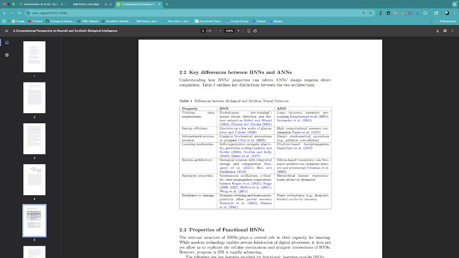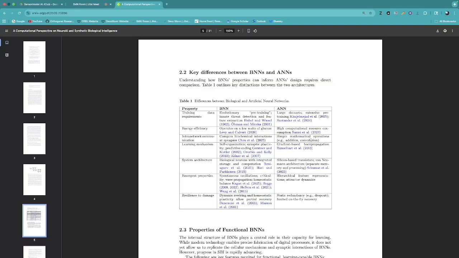Okay, and then the last one is resilience to damage, which in biological neural networks is dynamic rewiring and homeostatic plasticity, allowing for partial recovery. So this is where if you have damage to the system, how does it get fixed or recovered? This is something the brain is well known for in terms of plasticity, and we're interested in how the network rewires itself.